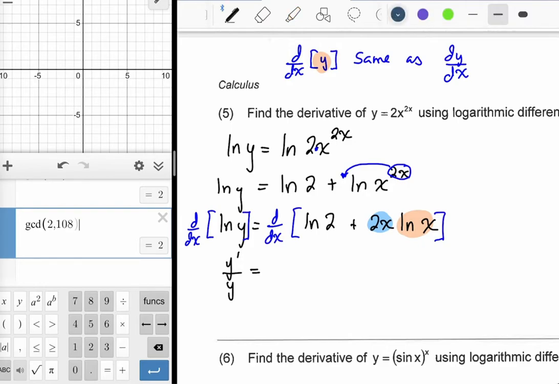So the first function there is 2x multiplied by the derivative of the second, which is 1 over x, plus my second function, ln of x, times the derivative of the first, which is just a 2.